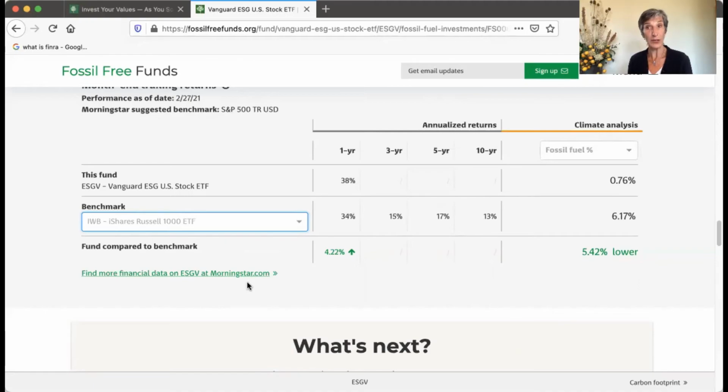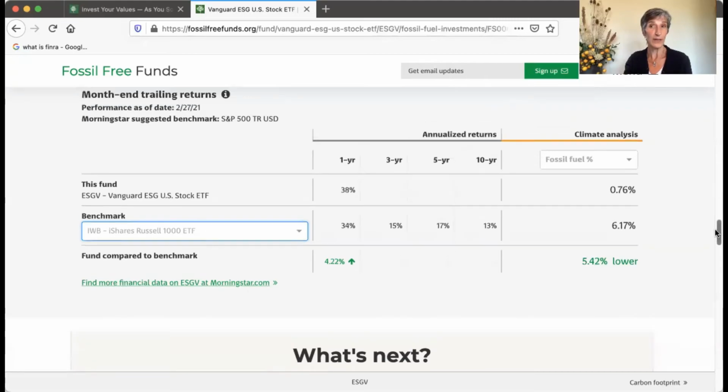So it did better than the benchmark, and it did better than VTSAX. However, this is a relatively new fund, and so we don't see the trailing returns over the 3, 5, and 10 years. So this tool is great because it can help you learn a lot about what's in the fund and how that fund really stacks up and ranks against other funds.